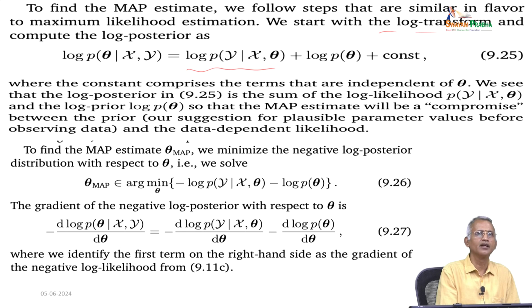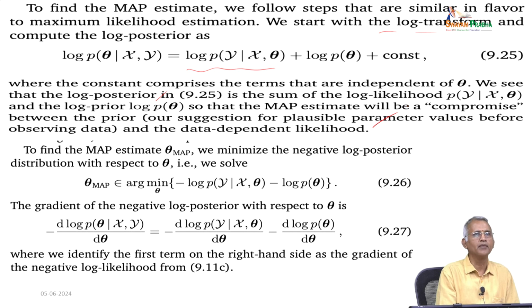So, we see the log posterior in equation 25 is the sum of the log likelihood p of y given x, theta and the log prior log p of theta, so that the MAP estimate will be a compromise between the prior, our suggestion for plausible parameter values before observing data, and the data-dependent likelihood.